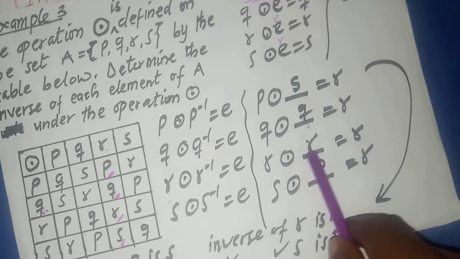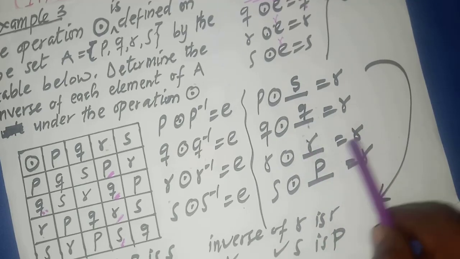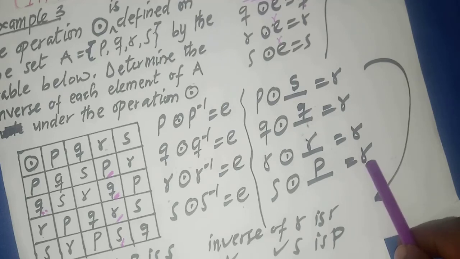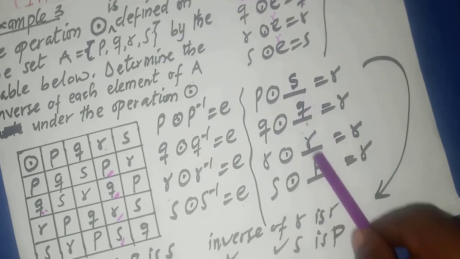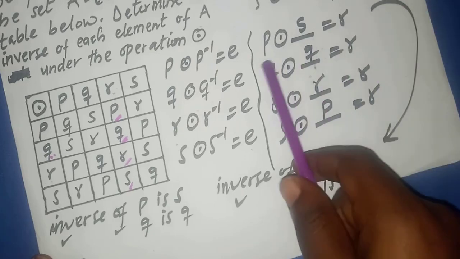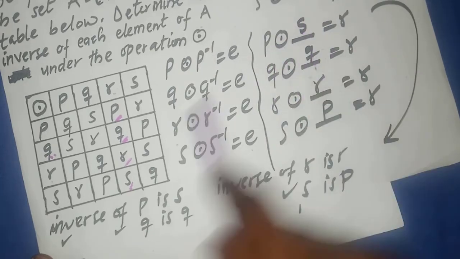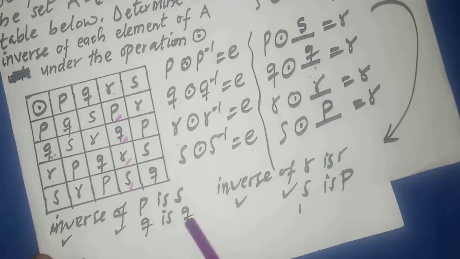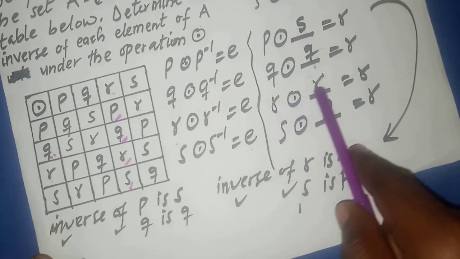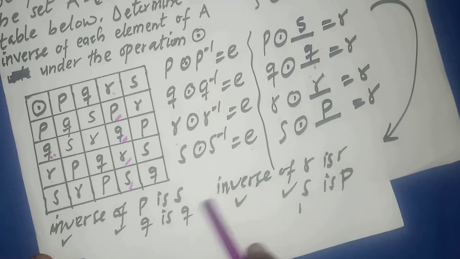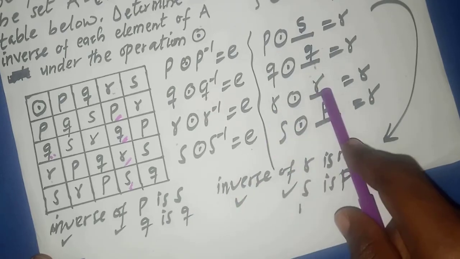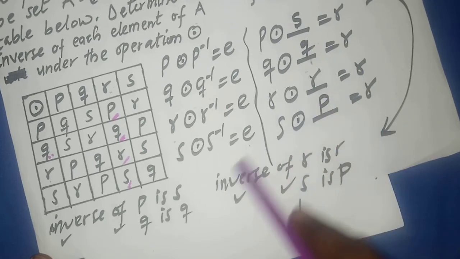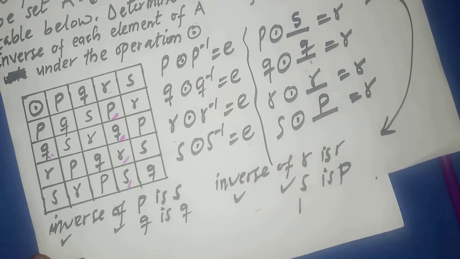R operation the inverse should give you the identity element R. Then S operation the inverse should give you R. So getting this, it means the inverse of P is S, which you've written over here, and the inverse of Q is Q. The inverse of R is R. And also the inverse of S is P. And that's what we have over there.